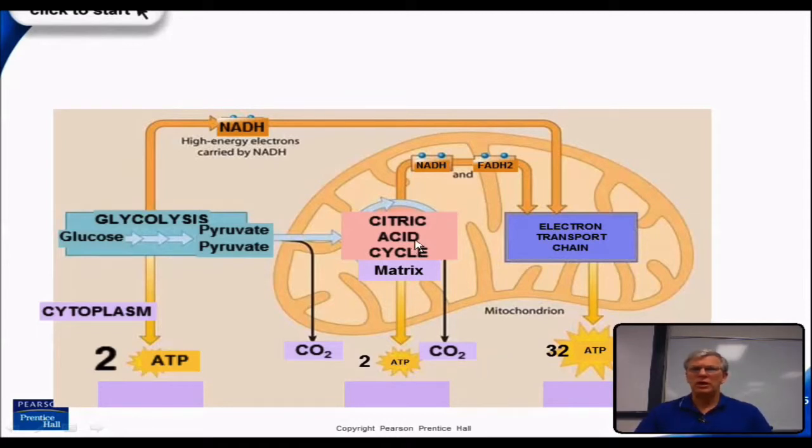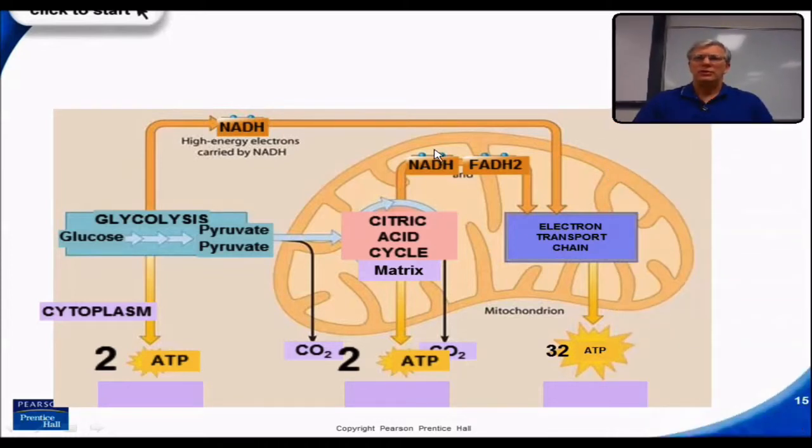Again, there's going to be more electrons and more hydrogen ions that are going to be released and picked up by some more NAD and what's known as FAD, and these also will be carrying these hydrogens and electrons to the electron transport chain. During this process, we're going to create 2 more ATP molecules for a total of 4 so far.